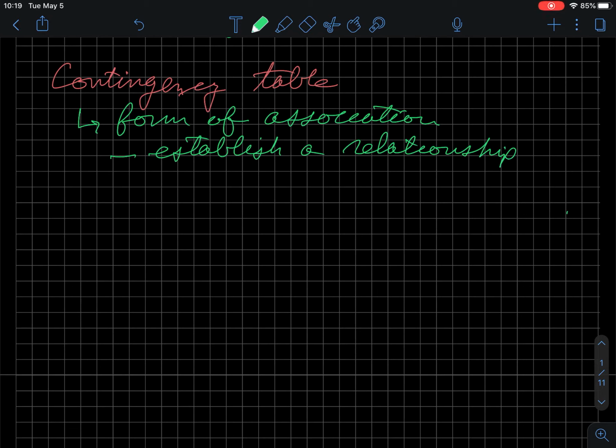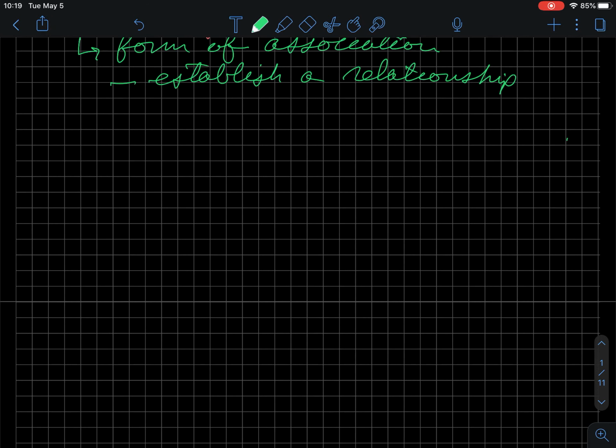That can look a lot of different ways, so let's talk about them because they're important. We can look at crosstabs, which you should already know in your notes, and they allow us to find patterns.